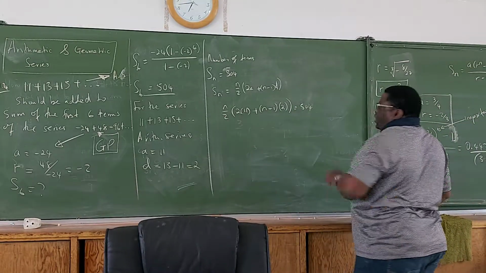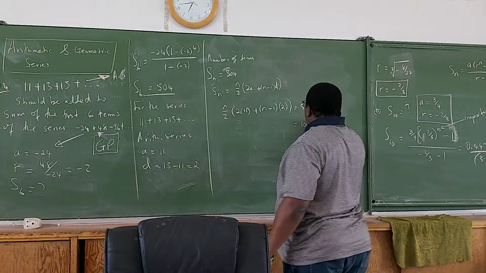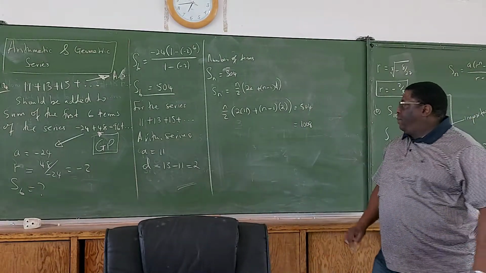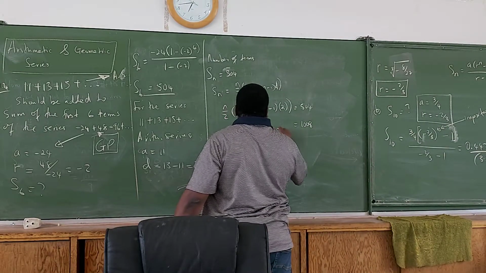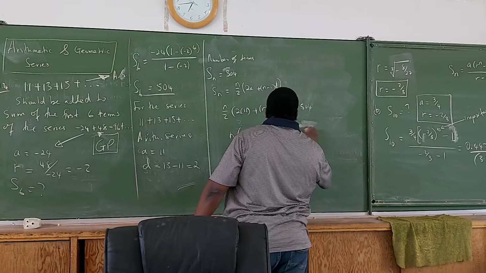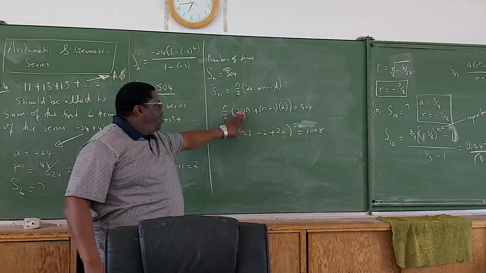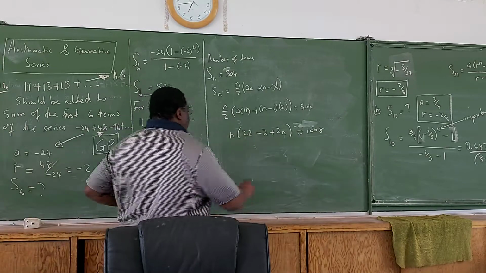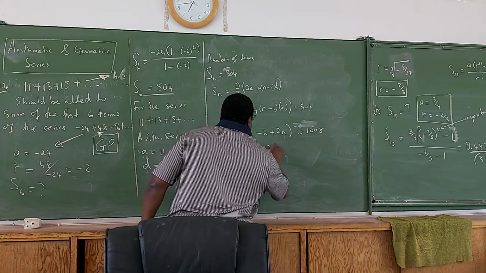I can multiply both sides by 2. That gives me 1008. So here I have 22 minus 2 plus 2n. 22 minus 2 gives you 20, so it's 2n plus 20.